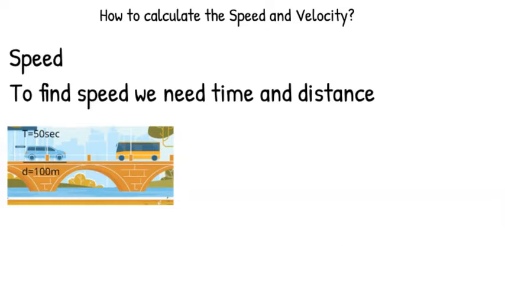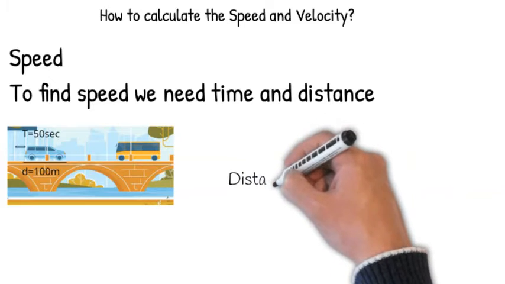The van covers a 100-meter distance in 50 seconds. This is an example to understand. Here we can say that speed is a scalar quantity, so we do not describe the direction. The van is not going in any specific direction.